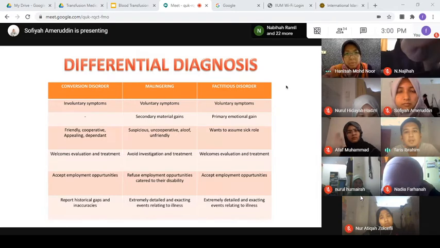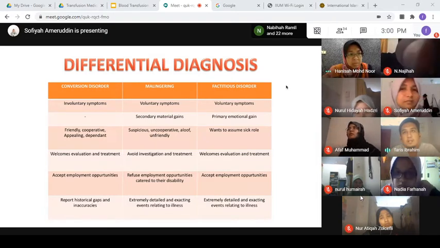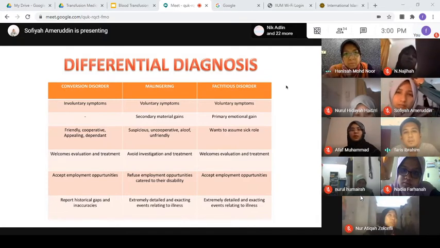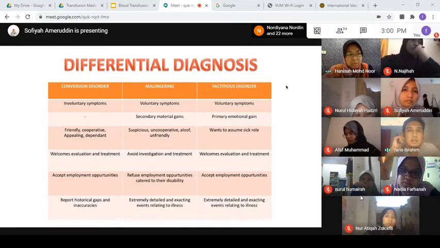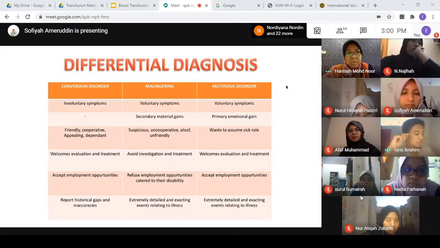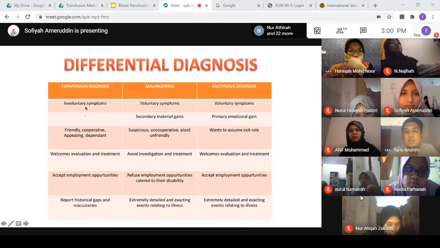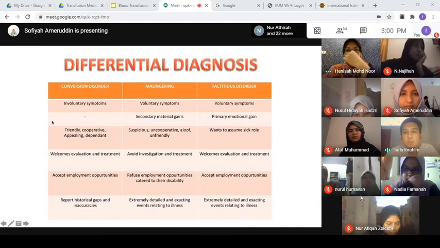But if their aim is to get an external gain such as compensation, then this could be malingering. Not to forget that there is one psychiatric problem known as conversion disorder. Conversion disorder is a condition in which there is a sudden, involuntary loss of motor and sensory function that mimics medical and neurological symptoms.